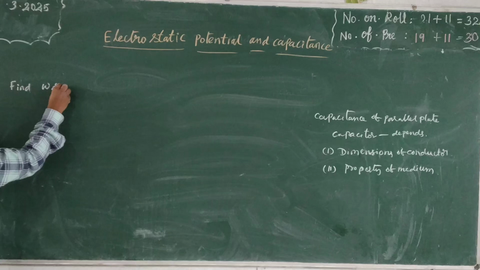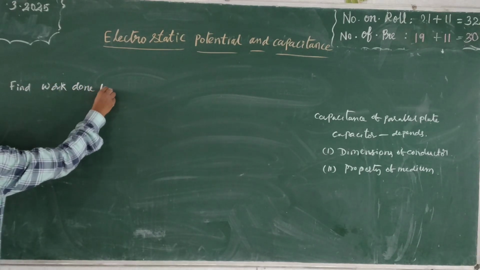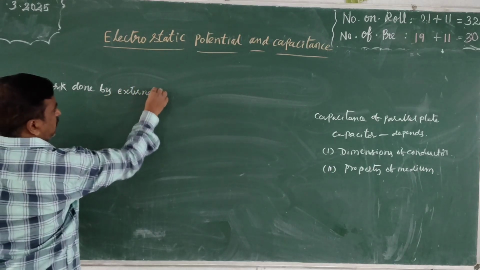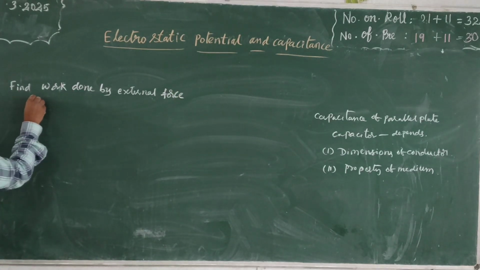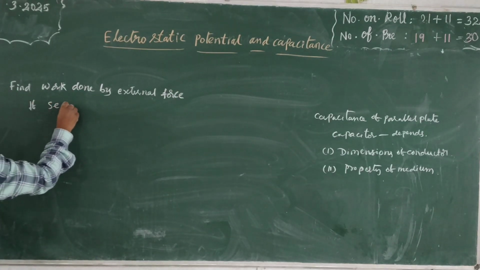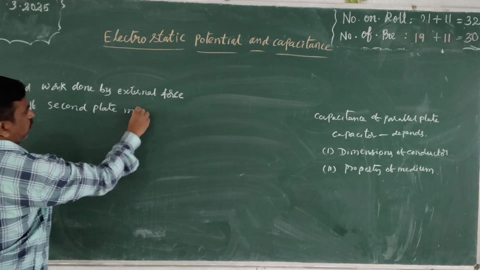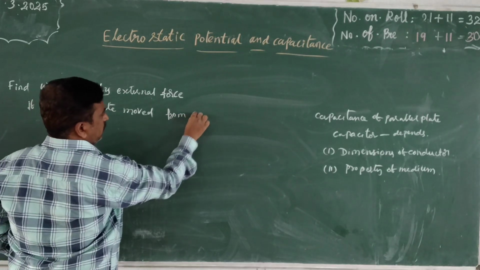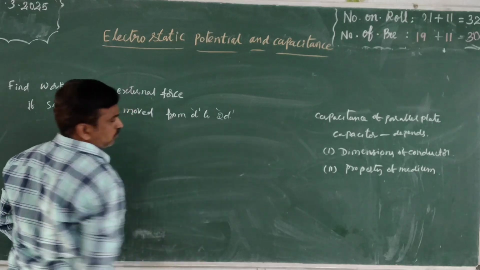Find the work done by the external force if the second plate is moved from distance d to 2d.